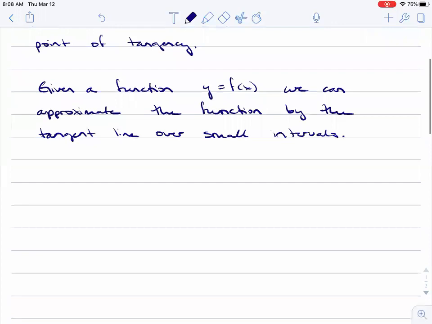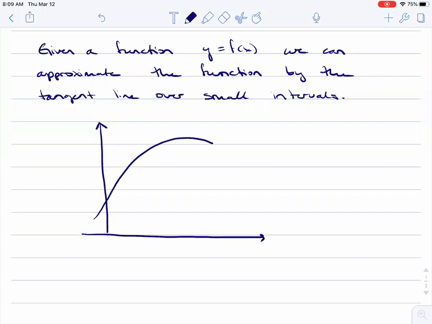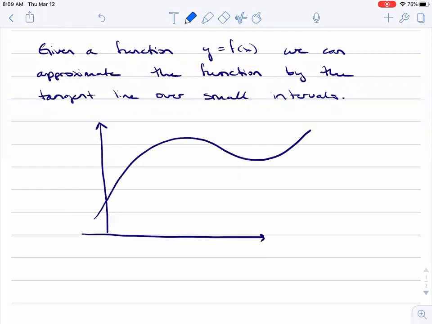So what we mean is, okay, we've got a graph here, and I've got some curve that might look like this, something like that. At some point, let's call it a, I can trace up.